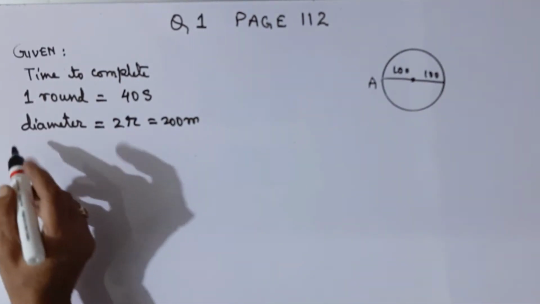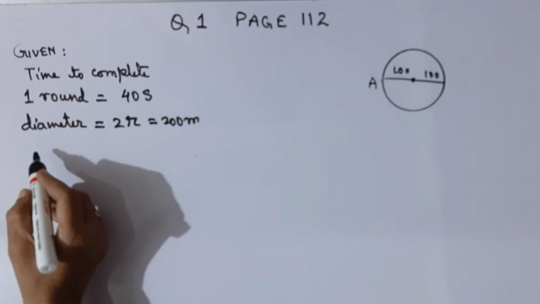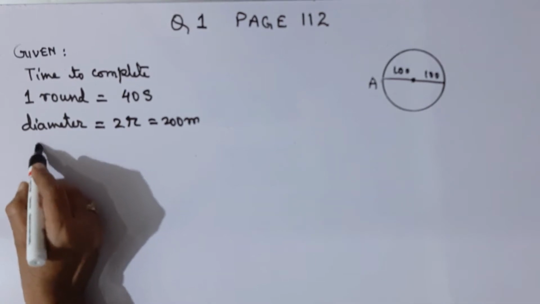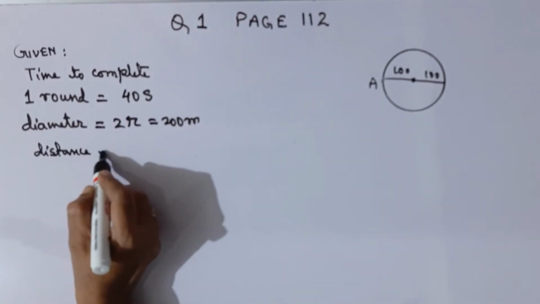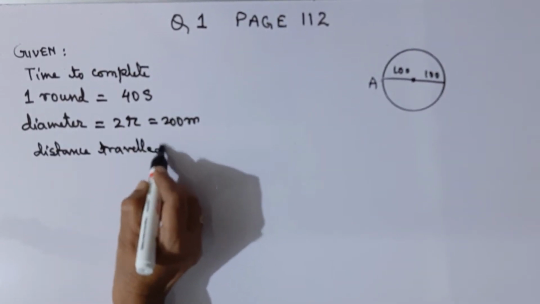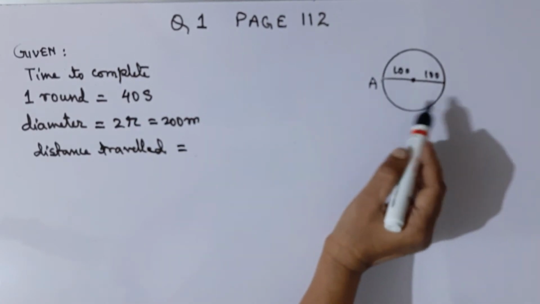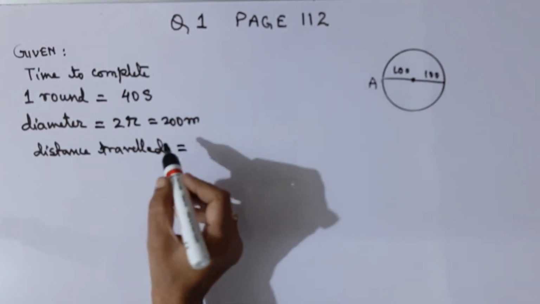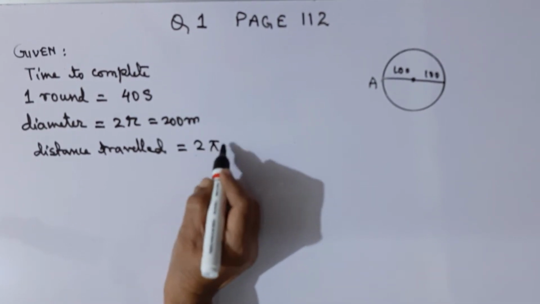Therefore, the distance travelled in completing one round around the circular path is equal to 2 pi r.